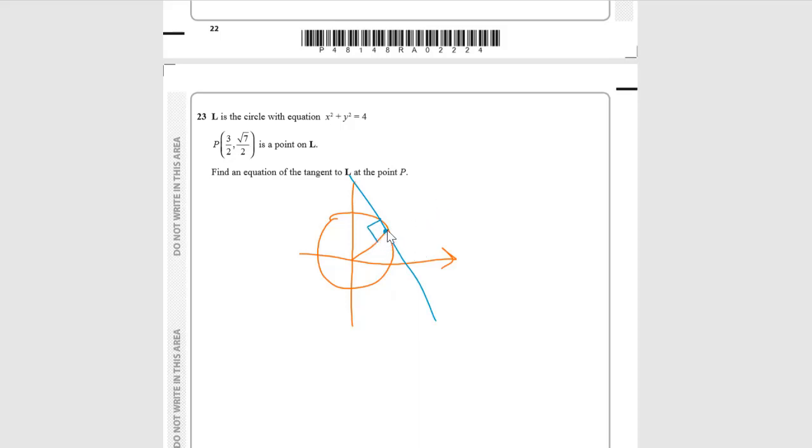So this is the point P at 3/2, square root of 7 over 2. So that's the point P on the tangent L.